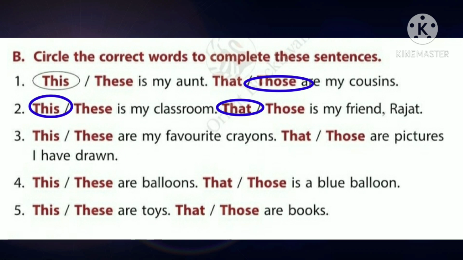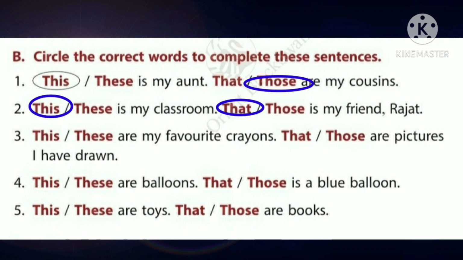Third one. This or these are my favorite crayons. That or those are pictures I have drawn. See, what is the answer? Favorite crayons. That is plural.